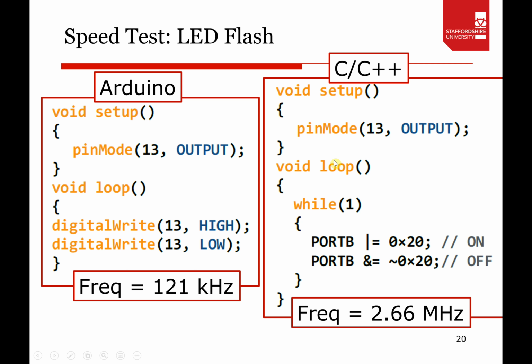If we write the same code for switching pin 13 on and off using C code, so port B, OR it with hexadecimal 20, that turns the LED in the 5th bit position on.